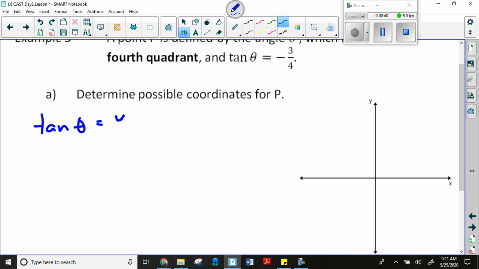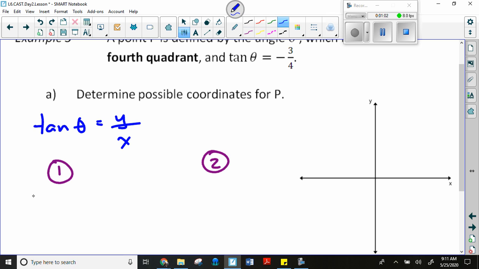Tan theta is y over x. That means that if it's in the fourth quadrant, to get a negative, either your y had to be negative or your x had to be negative. So here's our first option, and here's our second option.